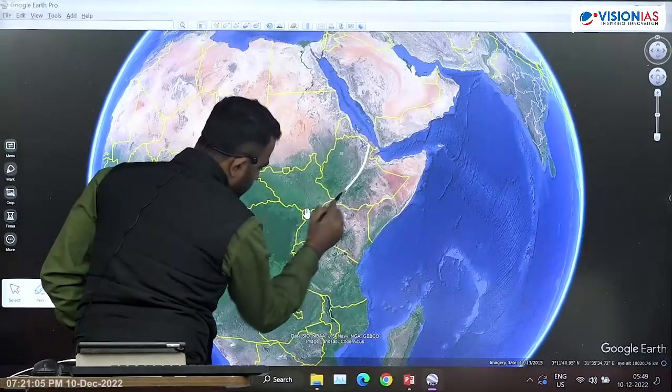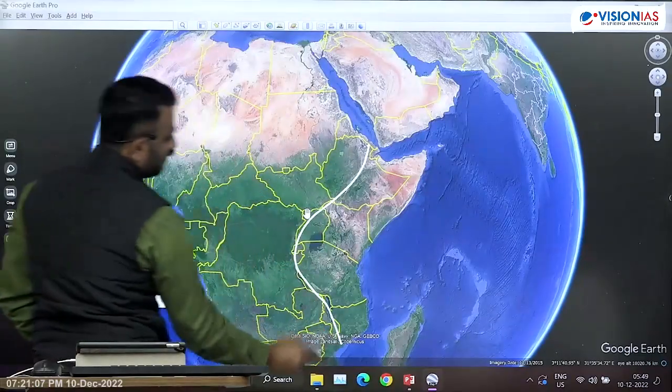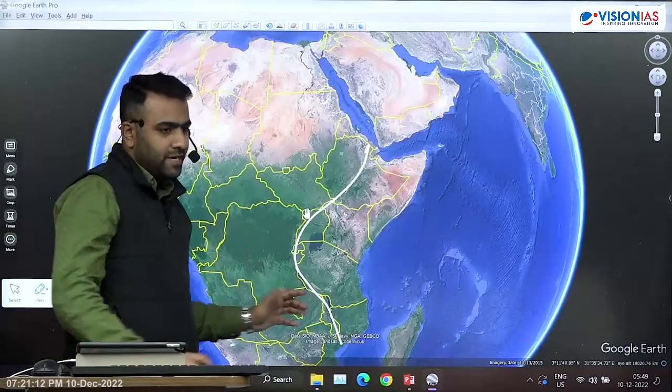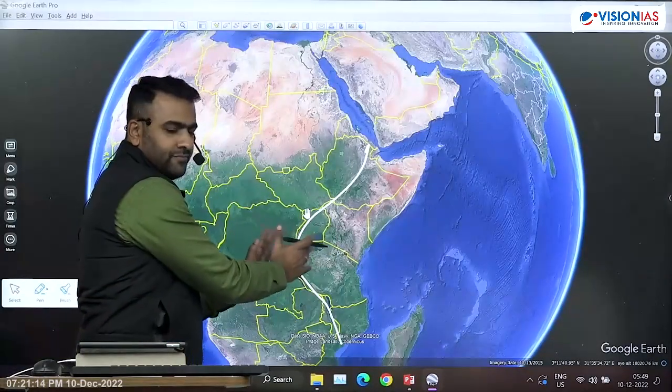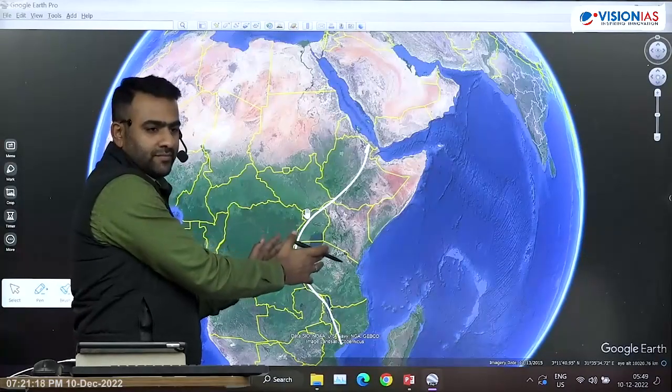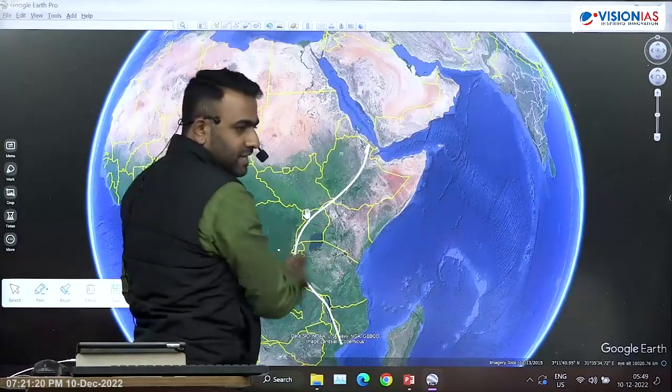This is the part which is in the first stage. There was a single continental crust, a continental plate. It has got separated. It is in intraplate rifting. Intraplate rifting. In the first stage, East African Rift Valley.